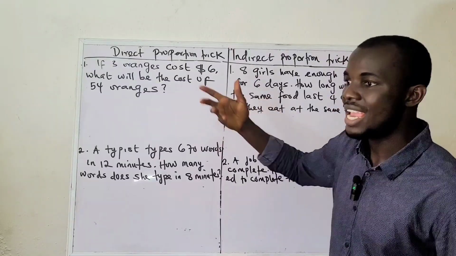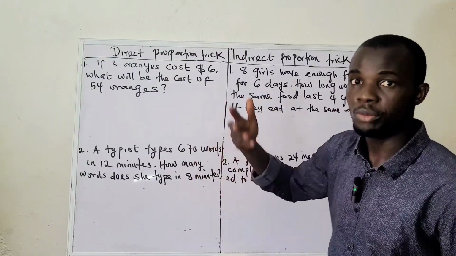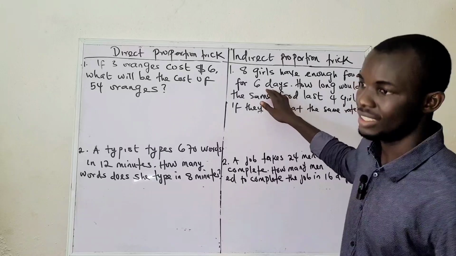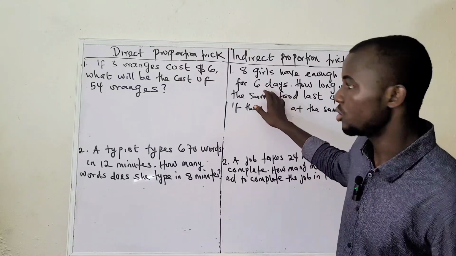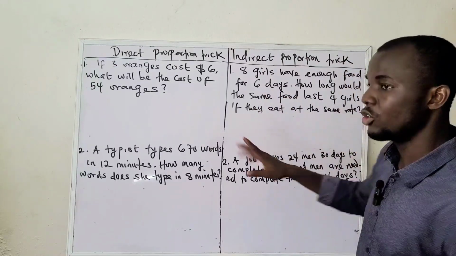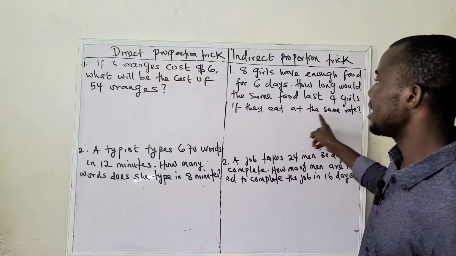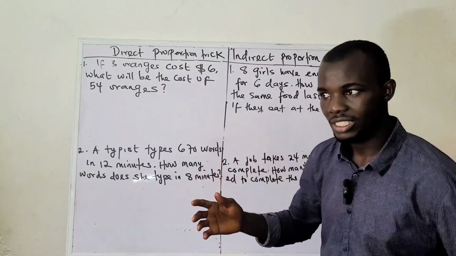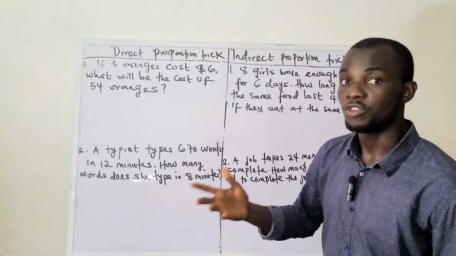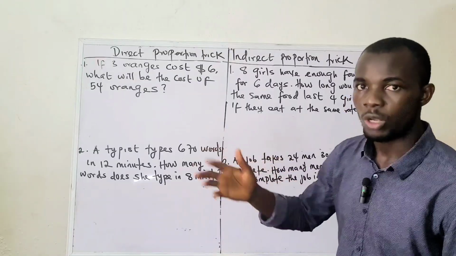So the more the number of girls, the fewer days they have to finish the food. But when you have 4 girls only, you can expect that it will take more days for the food to get finished, as you would see when we solve it.